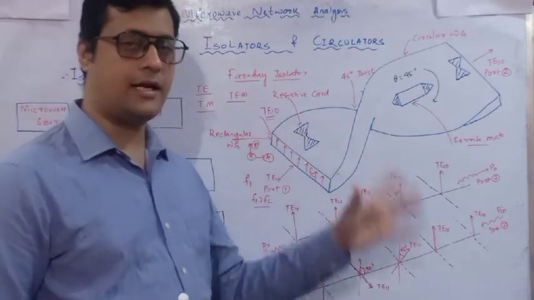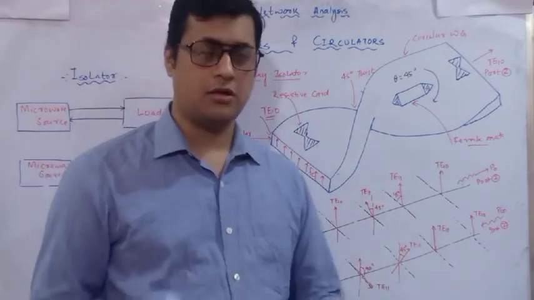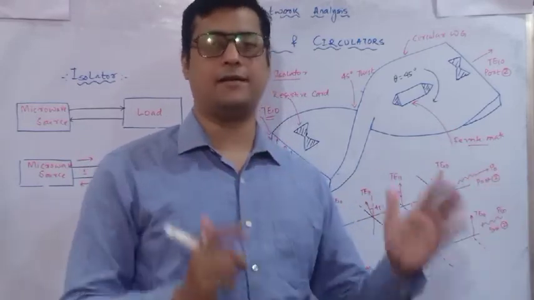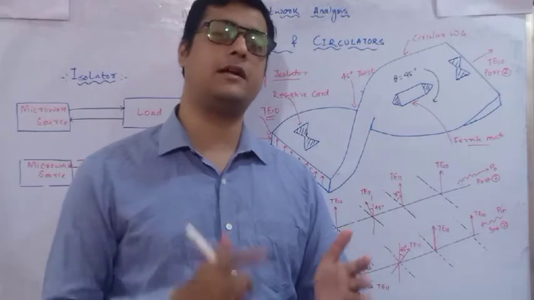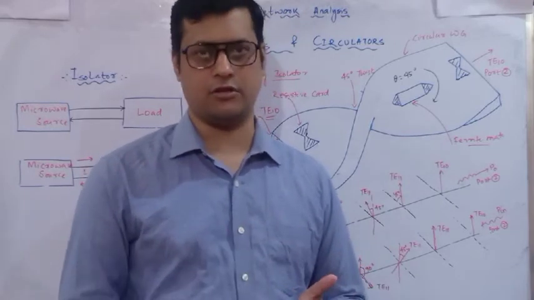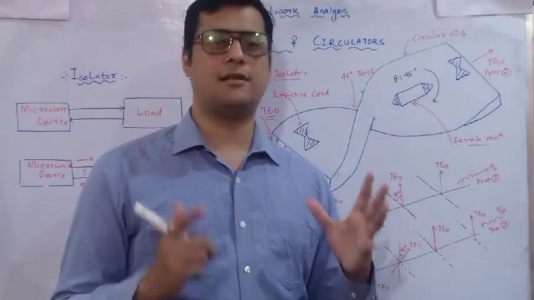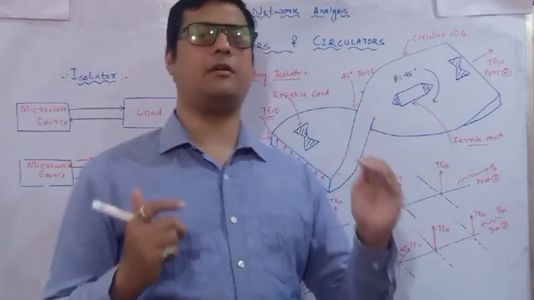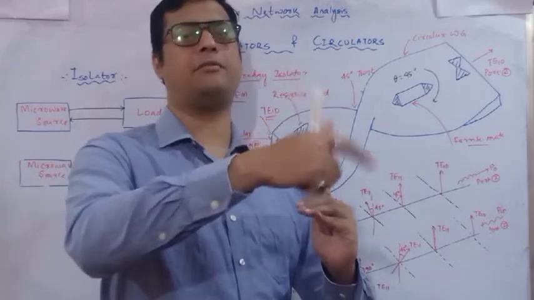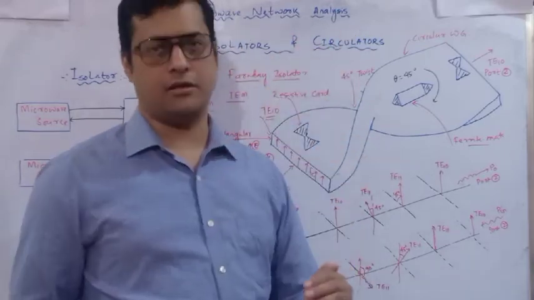But for a rectangular waveguide, which mode? Whenever we use certain waveguides, we have to see whether it is operating in a dominant mode or a degenerate mode. When we use the dominant mode, we are observing the lowest cutoff frequency from which frequencies can be given to a particular system.